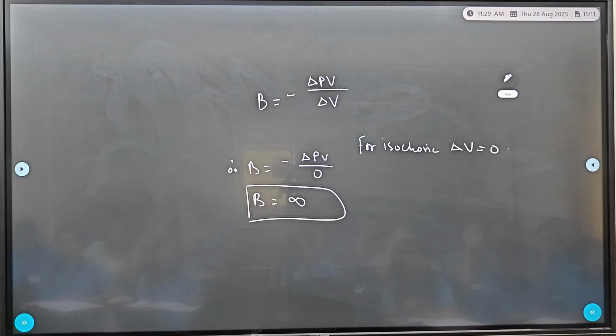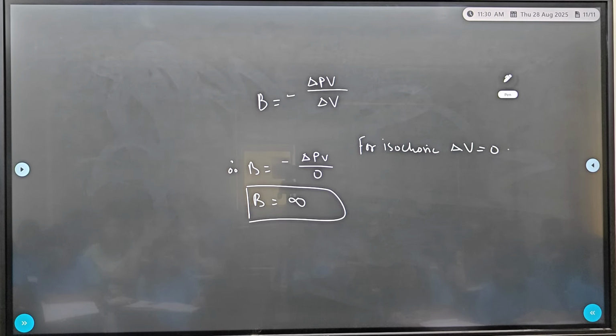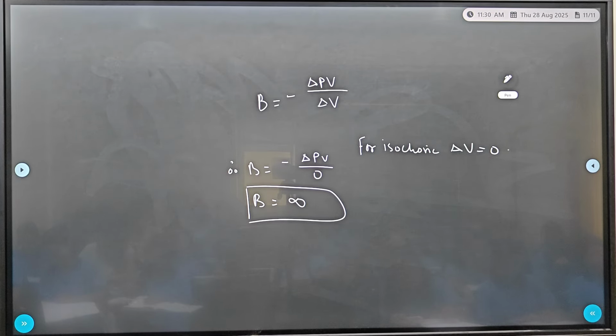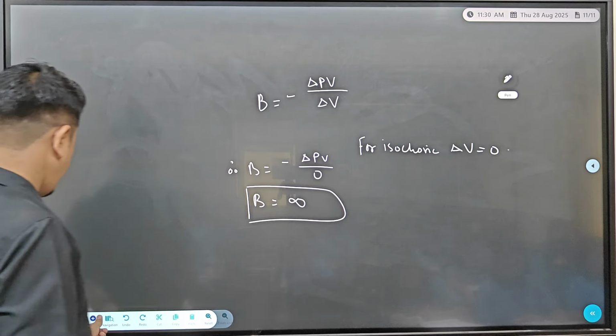Let's go for the PV indicator diagram. Please draw the PV indicator diagram. Axis. See here.